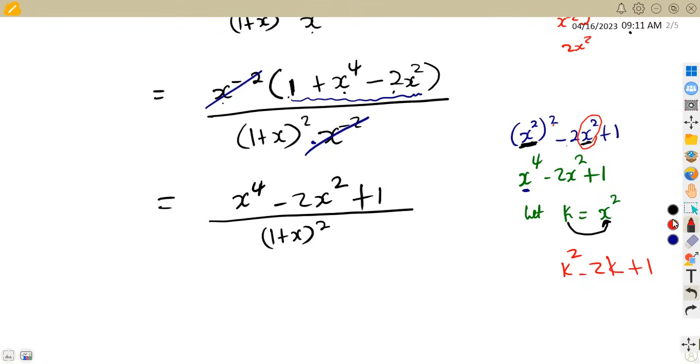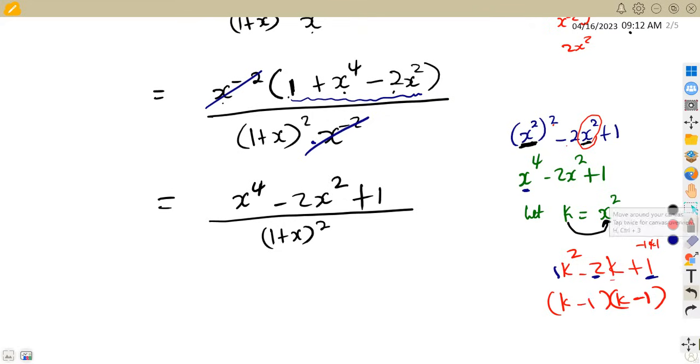So factorizing, the factor that we are going to focus with is 1. We are focusing with the constant of 1. So meaning to say we are going to have k in this bracket, k in this bracket. Factors of 1 that when you add, you obtain -2. That's -1 and -1. So we're going to have -1, -1.